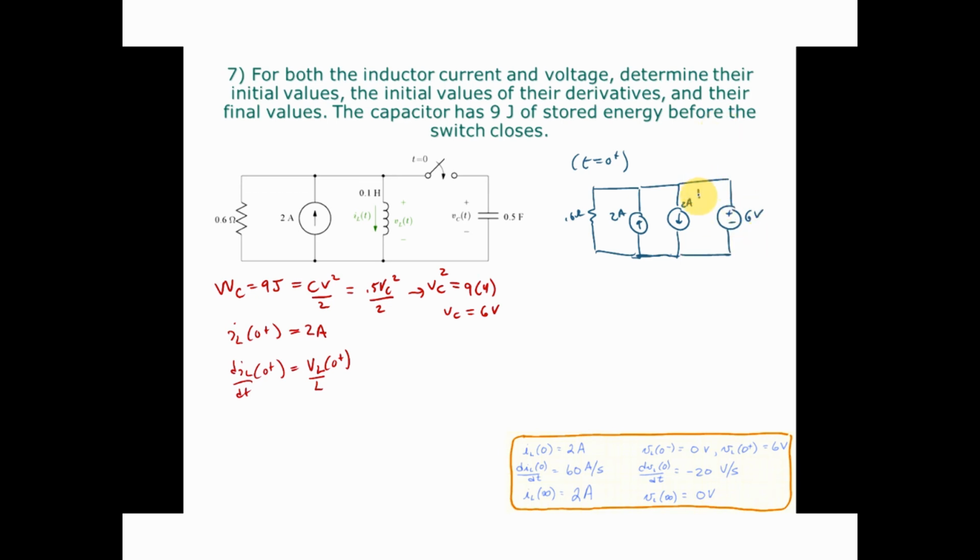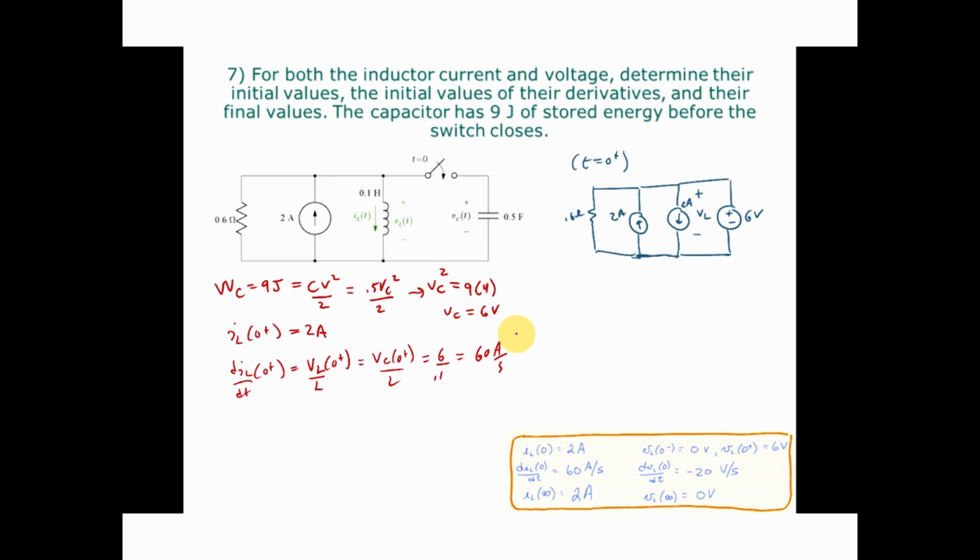VL determines the initial slope on that current. So dIL dt of 0 plus is VL over L, which is VC of 0 plus over L, which is 6 over 0.1, which is 60 amps per second.